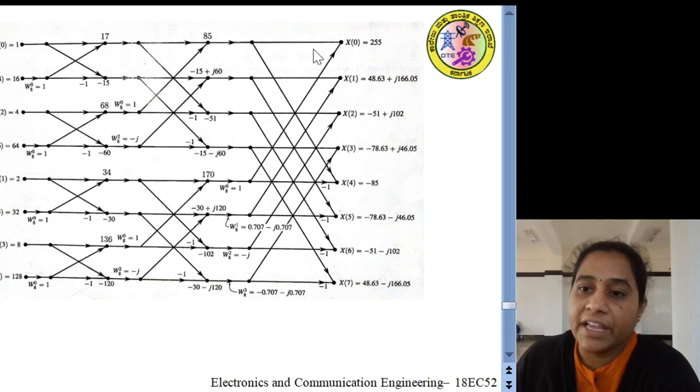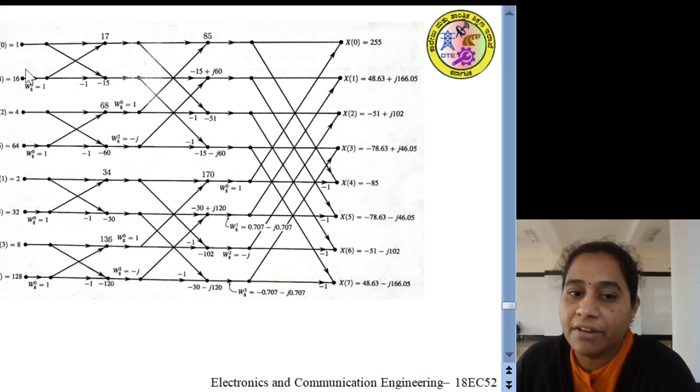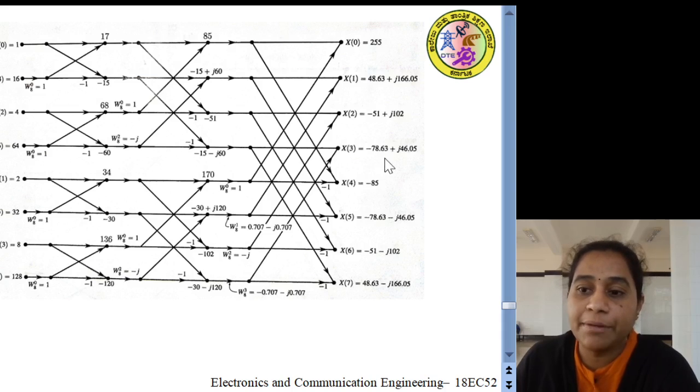So our DFT X of k for the given input x of n is: X of 0 is equal to 255, X of 1 is equal to 48.63 plus j times 166.05, X of 2 is equal to minus 51 plus j times 102, X of 3 is equal to minus 78.63 plus j times 46.05, X of 4 is equal to minus 85, X of 5 is equal to minus 78.63 minus j times 46.05, X of 6 is equal to minus 51 minus j times 102, X of 7 is equal to 48.63 minus j times 166.05.